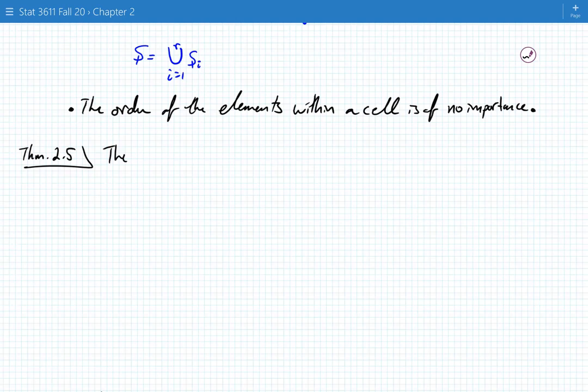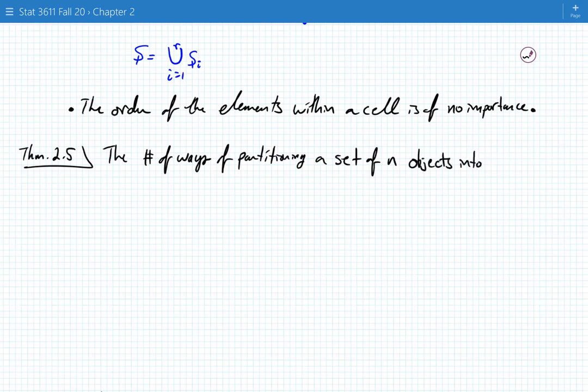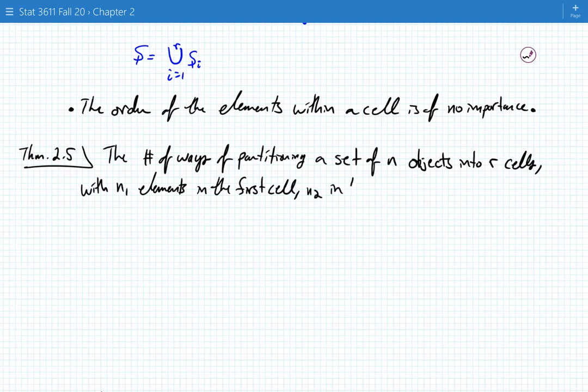The number of ways of partitioning a set of n objects into R cells, with n1 elements in the first cell, n2 in the second cell, and so on.